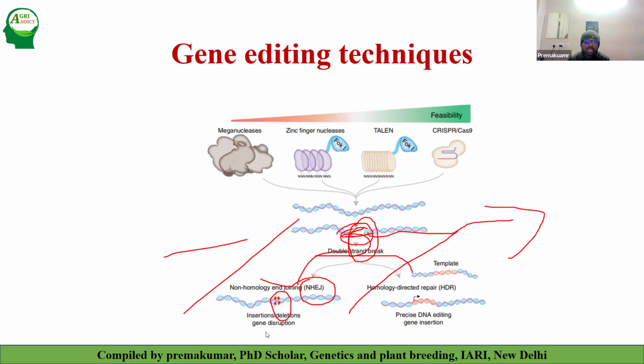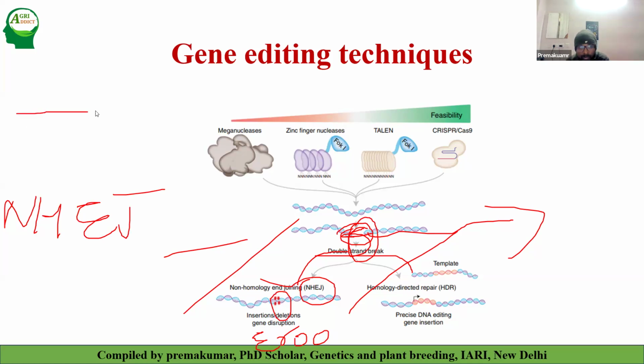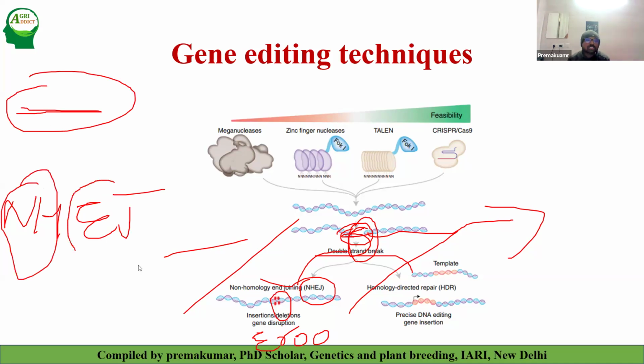That's why it is more error prone, because it's a non-guided repair of your double-strand break. Remember, non-homologous end joining, as the name itself means, doesn't depend on a homologous sequence acting as a template. You are simply joining the ends of the DNA.